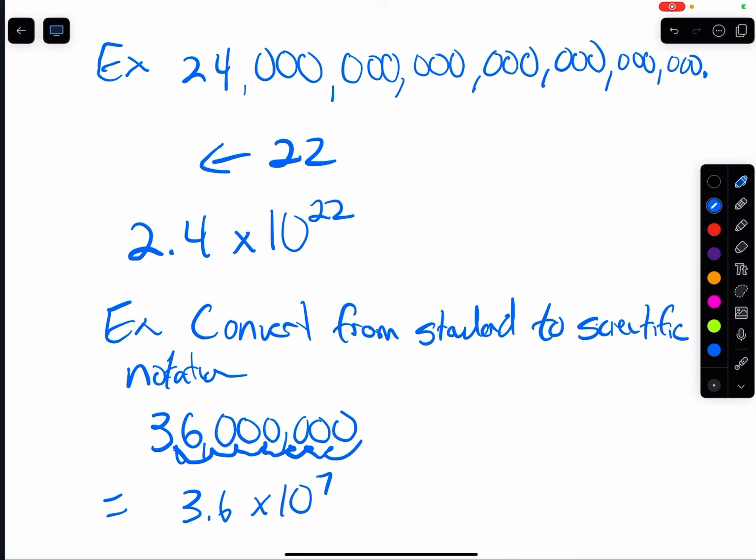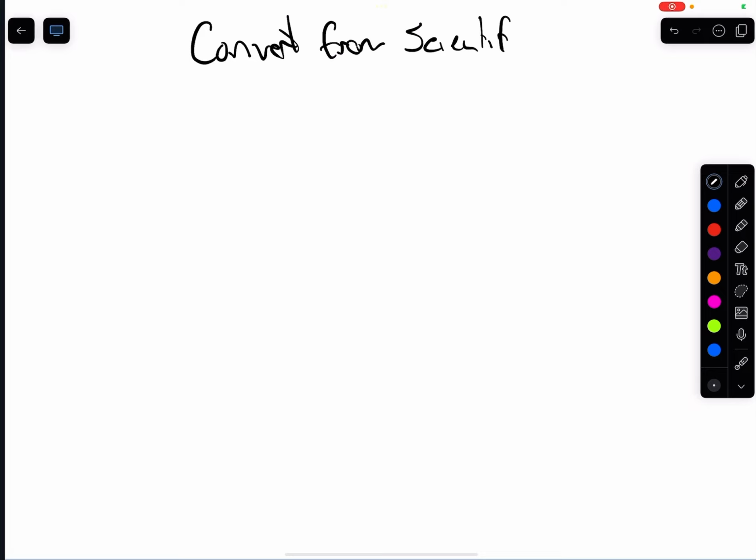Okay? And in reverse, let's imagine that we're going to convert from scientific notation to standard notation.